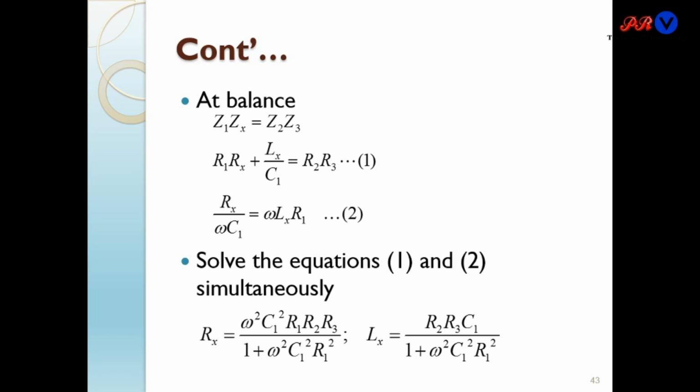In the second condition, for the imaginary part we will get this equation. We have to solve these equations simultaneously, 1 and 2. After solving these equations we can calculate Rx and Lx by the equations given in these slides.